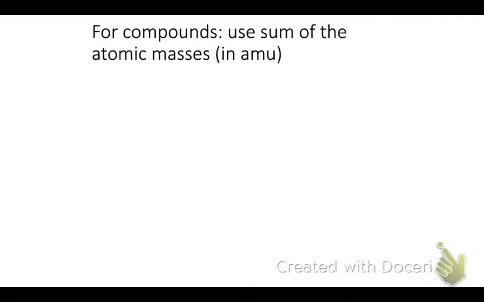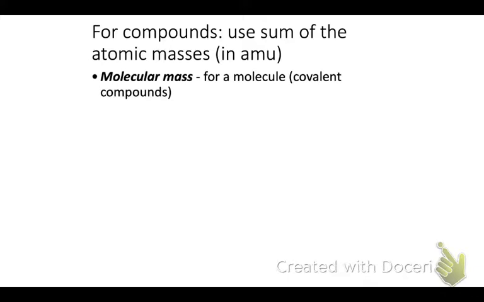Now for compounds. This is how we average the atomic mass if we're looking at one atom. When we look at molecules, remember, molecules are made of more than one atom, and if they are covalently bonded, like sulfur dioxide in this example, the molecule is made of one sulfur atom and 2 oxygen atoms.